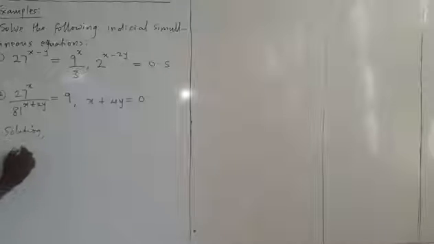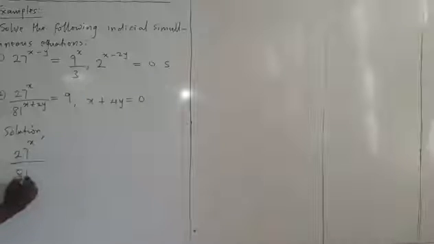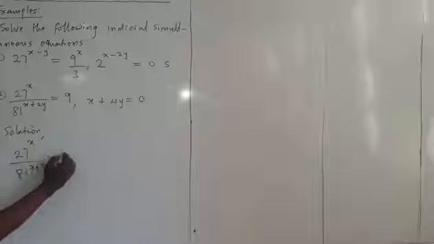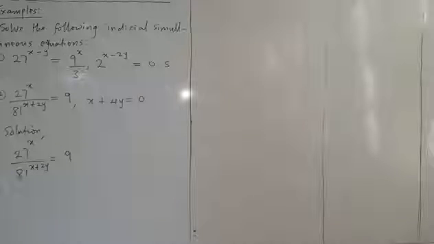we have 27 raised to the power x all over 81 raised to the power x plus 2y equals to 9. So now to reduce this is by making them, to make their bases form the same base.